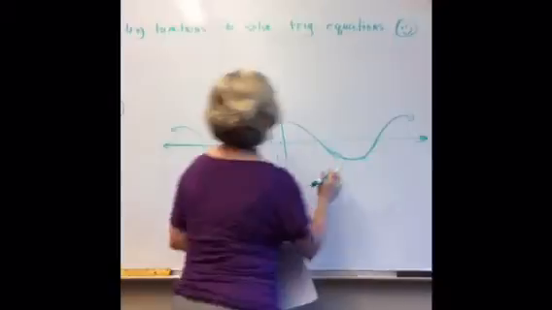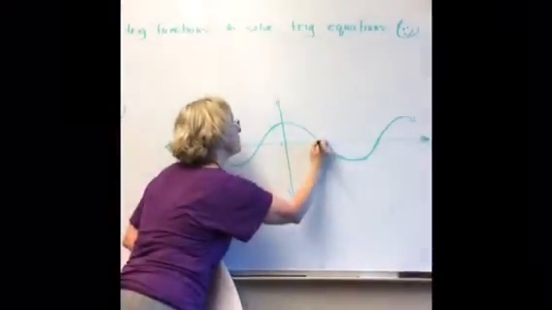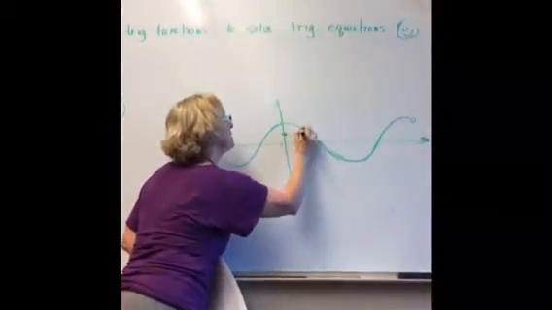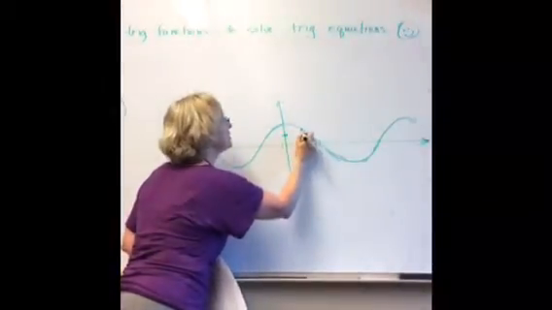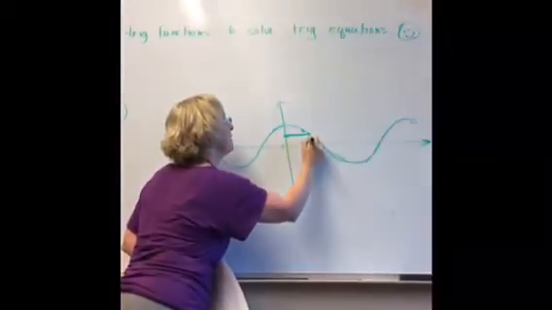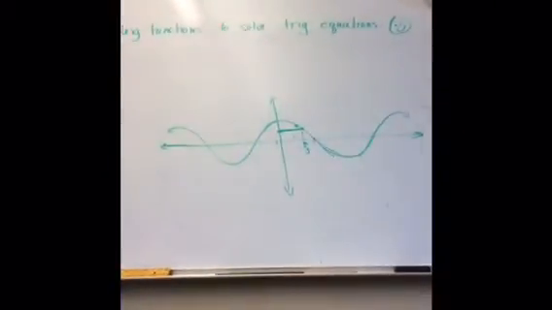Well, a half is right here, ish. I don't know, about right there. So that's pi over 3, right?